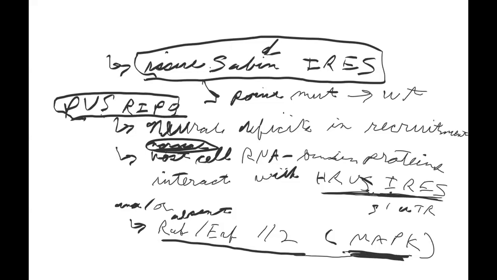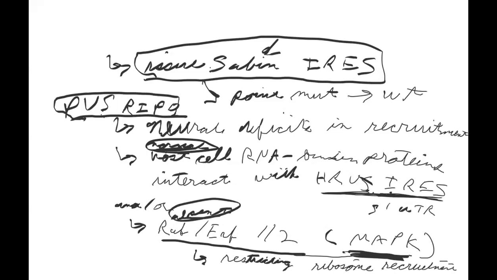And when this is absent, it's restricting the ribosomal recruitment. When it's active, it is bringing the ribosomal recruitment. And that's the reason why this would work.